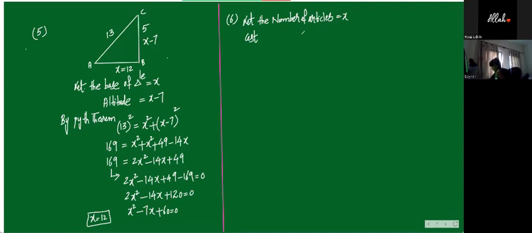So twice of this is 2x, and 3 more than this is the cost.